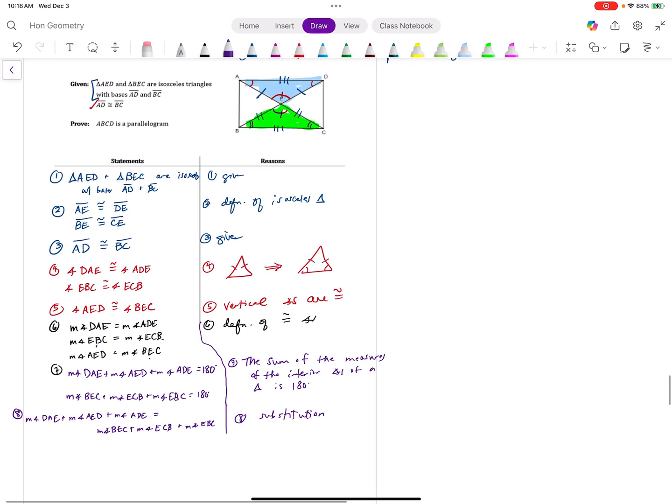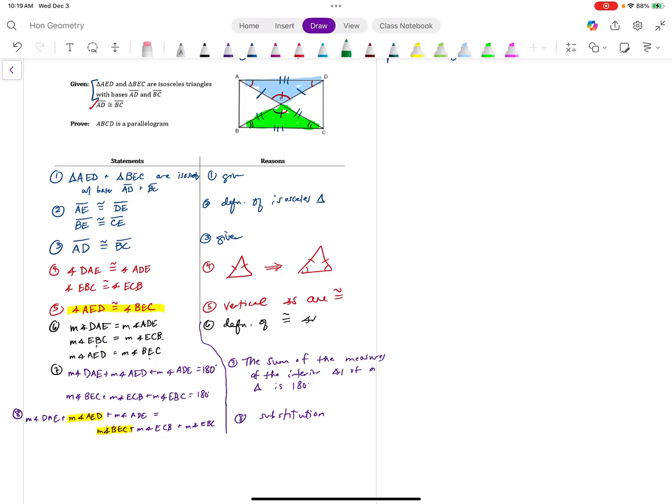Okay, now which of those is the same? I need the same thing on both sides. So that's going to be those vertical angles, AED and BEC.